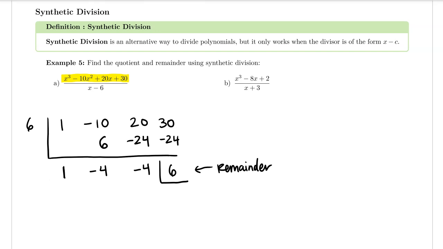Because we have our remainder here, I always tell my students to start off in the last column on the right. So that's my remainder, so I'm just going to put R for remainder. This represents the coefficient of my constant term. This represents the coefficient of my linear term. And this represents the coefficient of the quadratic term.